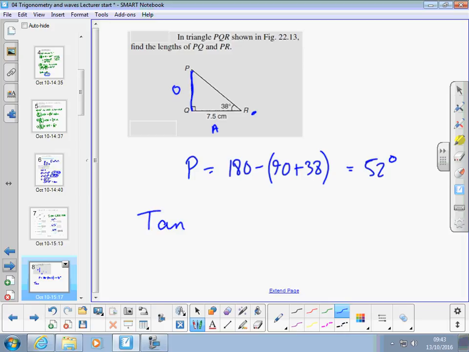Tan of R is equal to PQ in the way they labelled this over QR. We're looking to find the side PQ. So what do we have to do to this to get it in the right order?